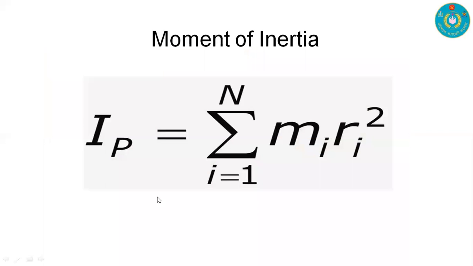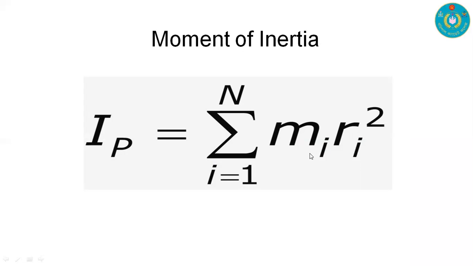At first, the equation for moment of inertia, that is I is equal to summation of mi ri square. Previously, we have learned about moment of inertia. From the definition, we know that moment of inertia is the product of mass and the distance from the axis.